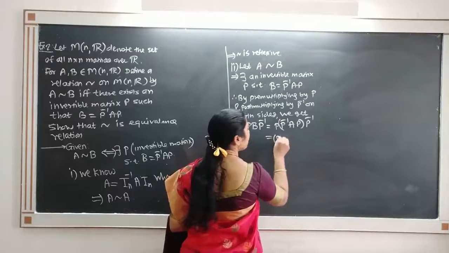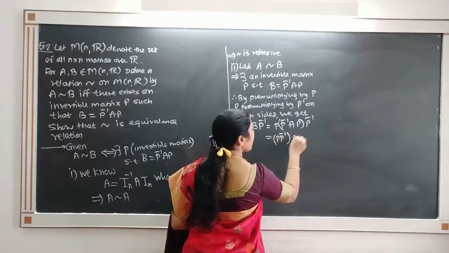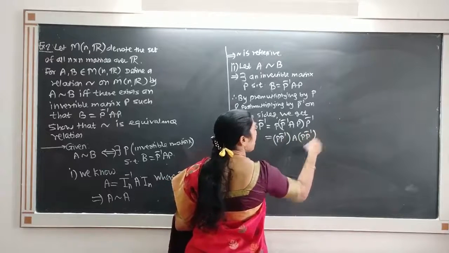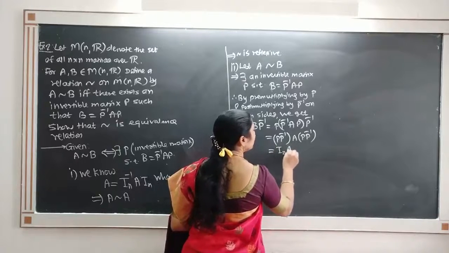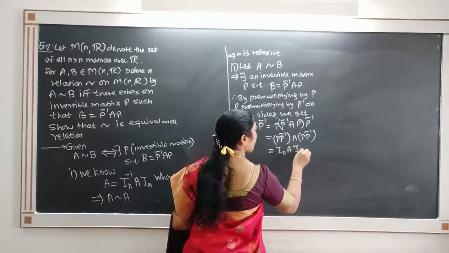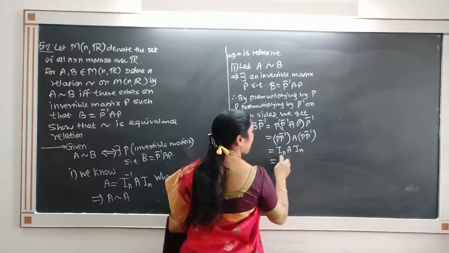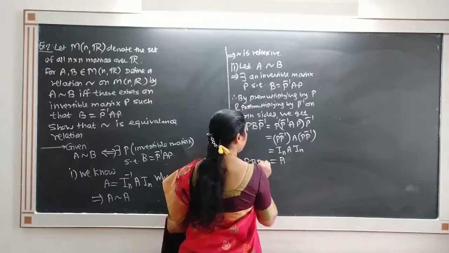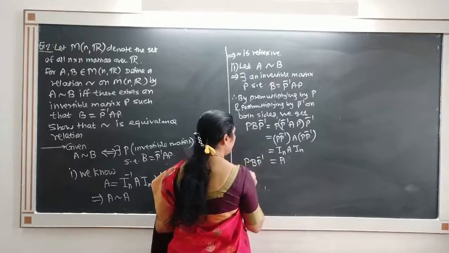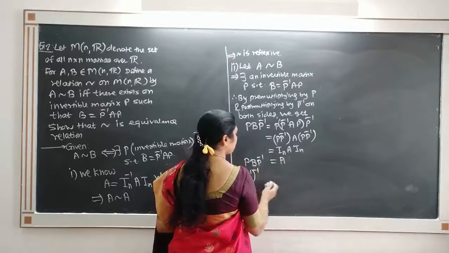But this is nothing but P into P inverse, A, P into P inverse. And we know that P into P inverse is nothing but the identity matrix. So, In, A, In. And In, A, In is nothing but A. So, we get P, B, P inverse. What is this P? It is P inverse, its inverse.